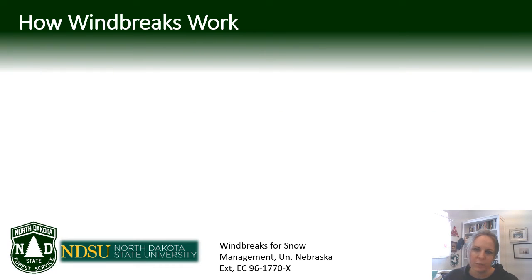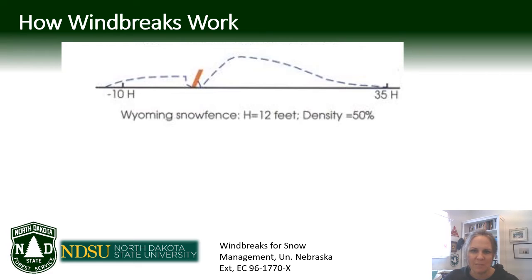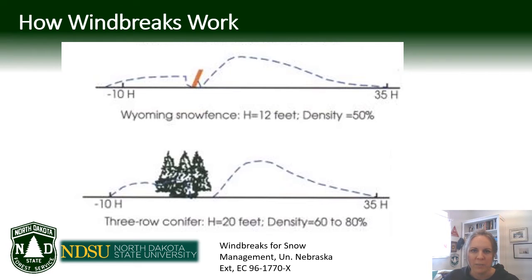So let's look a little more closely at two of these diagrams, the Wyoming slatboard snow fence and a 60 to 80% dense multi-row windbreak. Both of these windbreak designs offer about the same amount of storage capacity, and the slatboard fence will offer this amount of snow control immediately after installation.